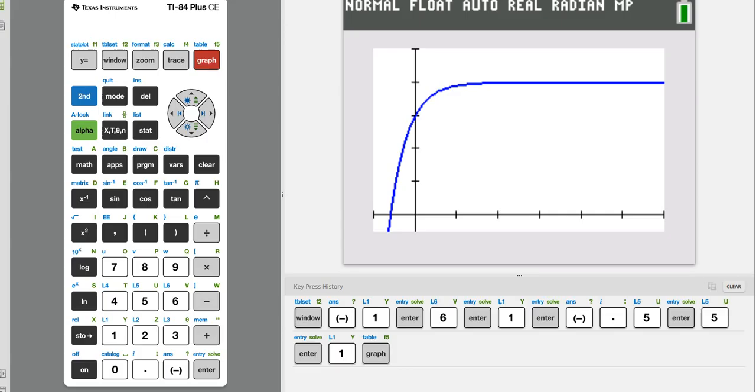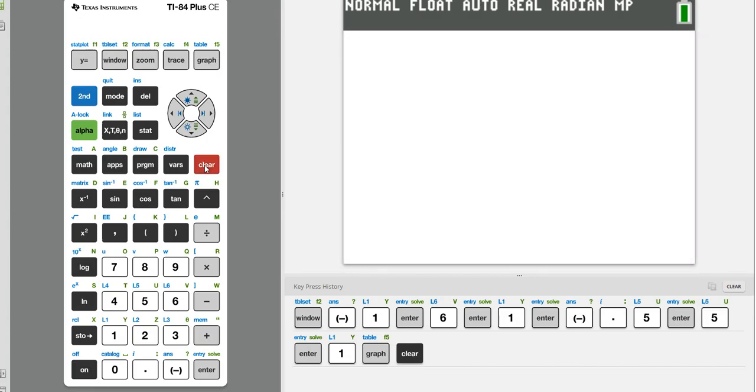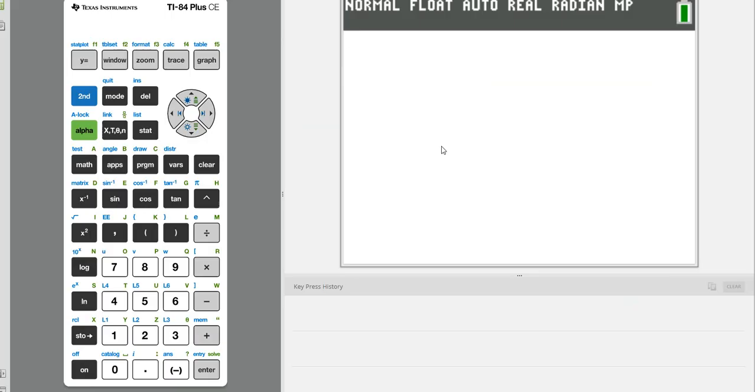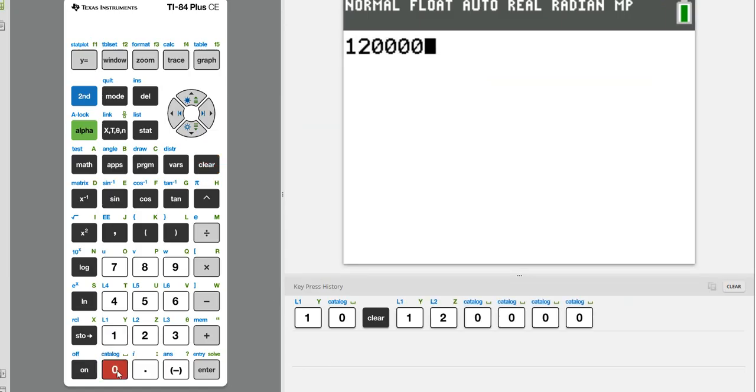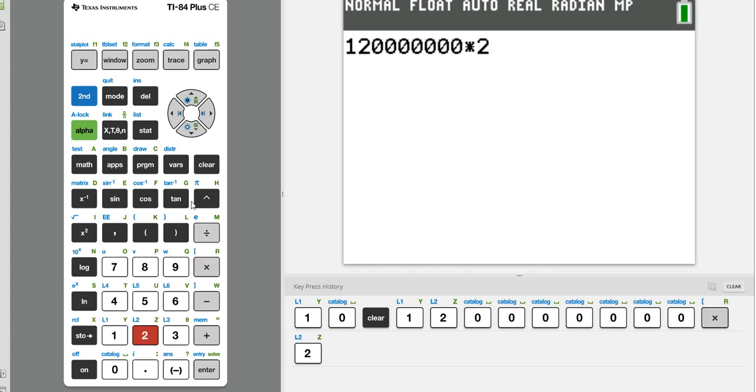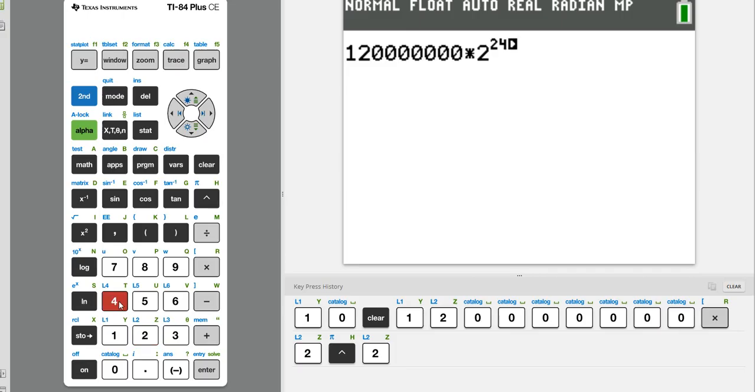Now, the one thing I want you to see here is that you're going to get a number that's big enough that you're going to have to put it in scientific notation, or that your calculator will put it in scientific notation. So 120 million times 2 raised to the 24th power, and bam.